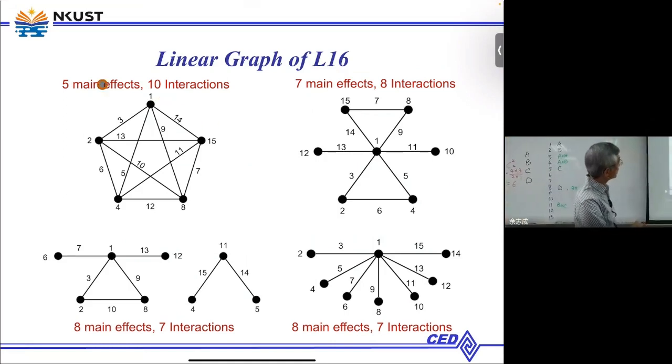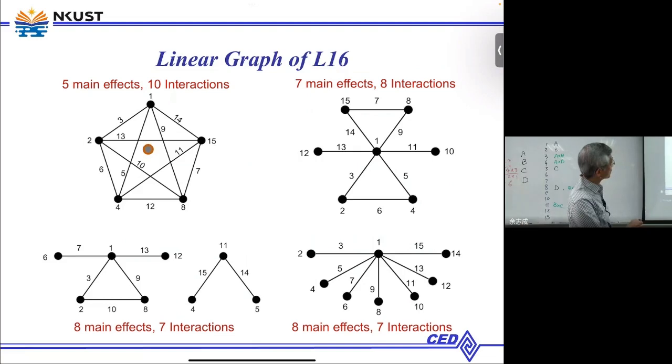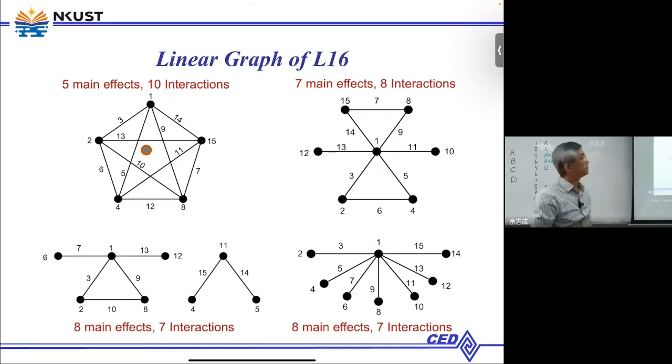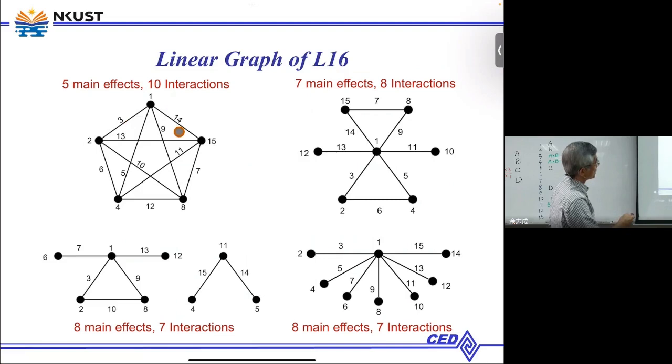As you can see, the first one looks like a star, actually like a polygon. It has 5 sides and 5 dots. So this linear graph allows you to analyze 5 main effects and also 10 interactions, 10 lines.